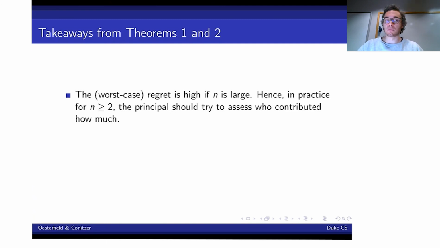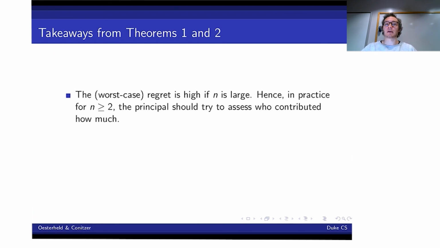One big driver of this result is that the principal only scores based on the aggregate report and doesn't, for example, try to figure out which expert contributed how much, or doesn't ask the experts about how big one another's contributions were. These things are quite complicated to do, and in many cases not practical.